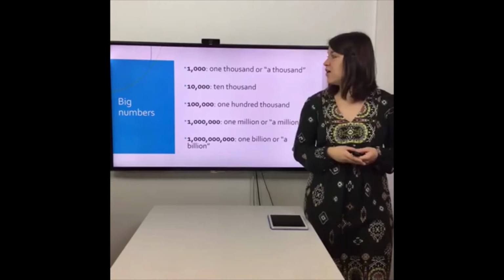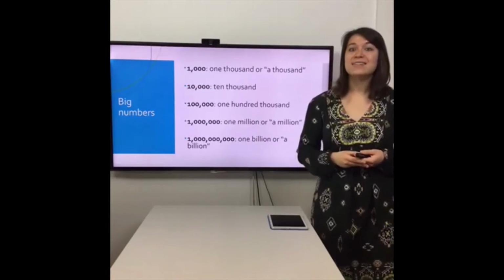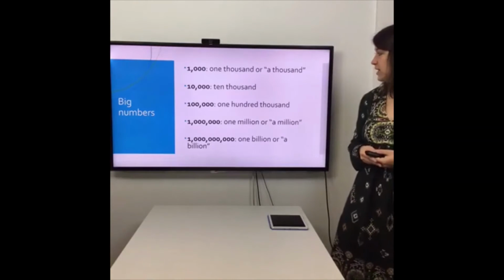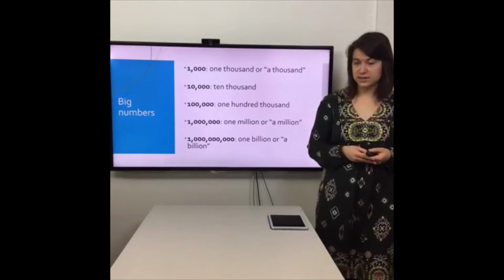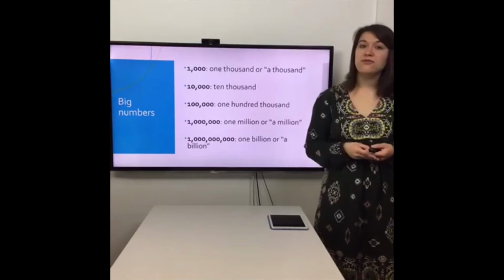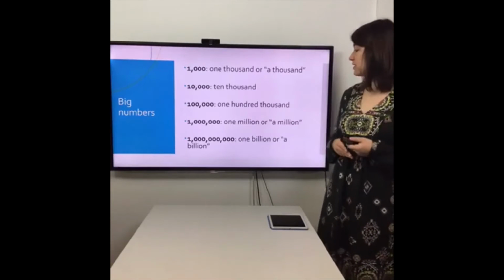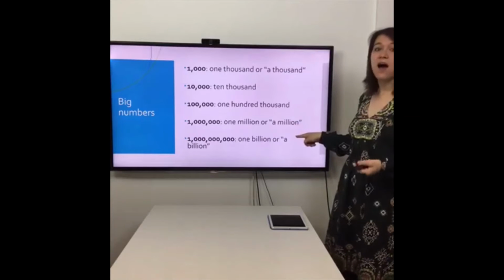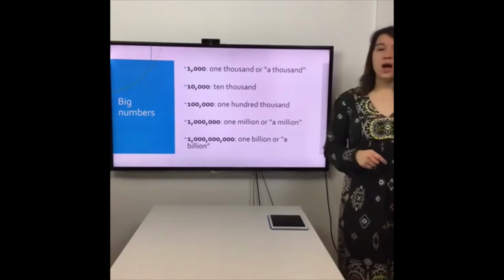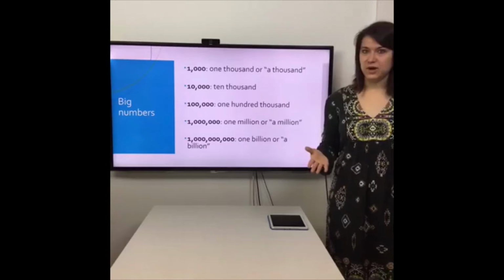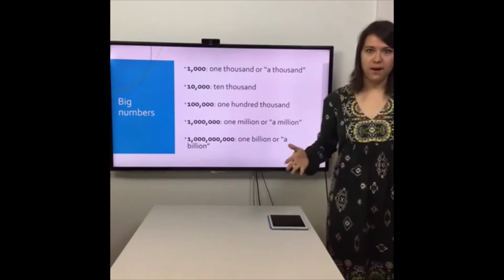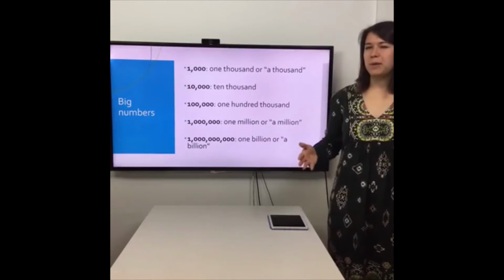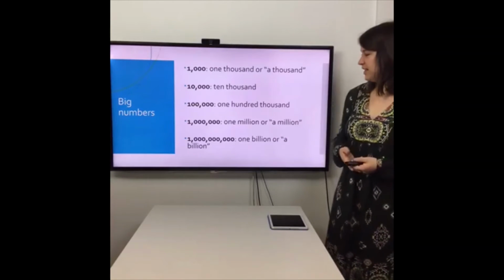This, a 10 followed by 3 zeros, is ten thousand. 100 followed by 3 zeros is one hundred thousand. And a 1 followed by 6 zeros is 1 million, or as we've seen before, you can also say a million. Okay? And a 1 followed by 9 zeros is 1 billion, or a billion. This is a very big number you probably won't use very much, but it's good to know what to call it in English.